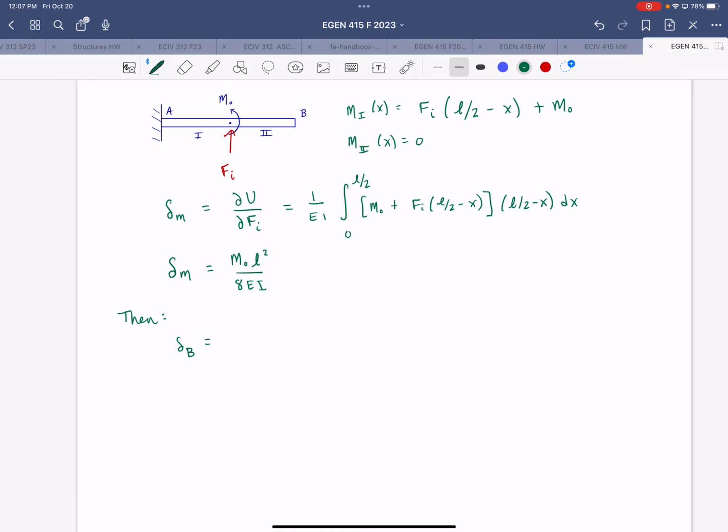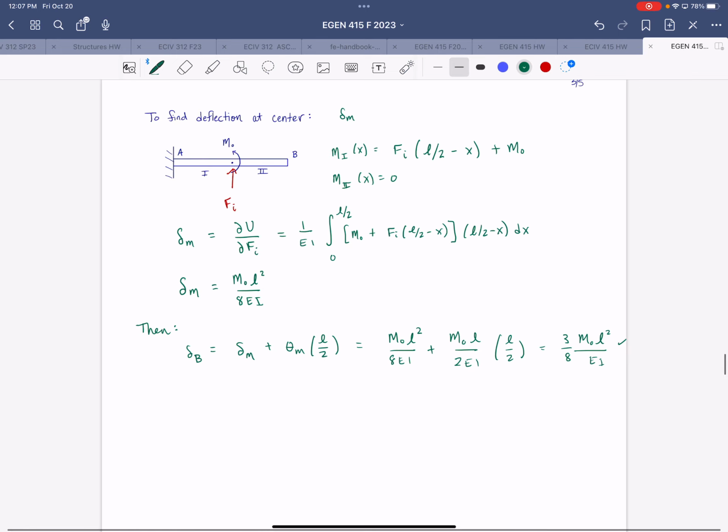We can say that the deflection at B should be equal to the deflection at the midspan plus the slope at midspan times L over 2, which gives us M naught L squared over 8 EI plus the slope at midspan, which was M naught L over 2 EI times L over 2, which gives us 3/8 M naught L squared over EI, which matches what we found previously.